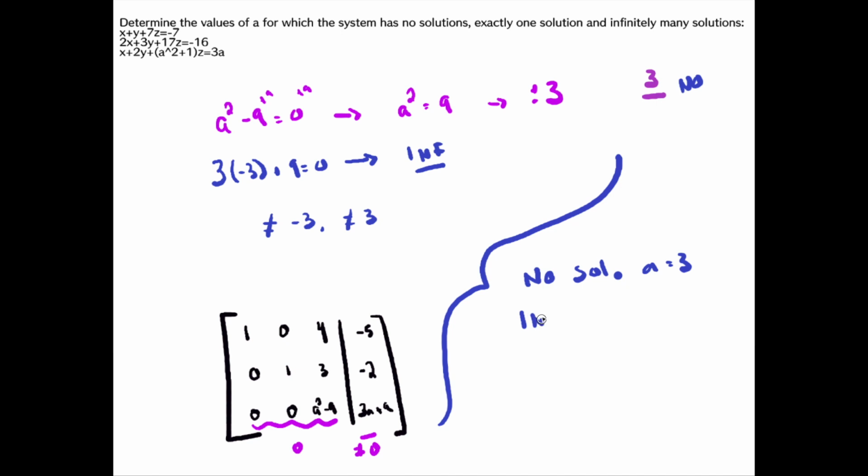If I want an infinite amount of solutions, then a is equal to -3. Because when it's -3, all of this is 0 and all of this is 0. And if I want one solution, so a unique solution, a is not 3 and a is not -3.